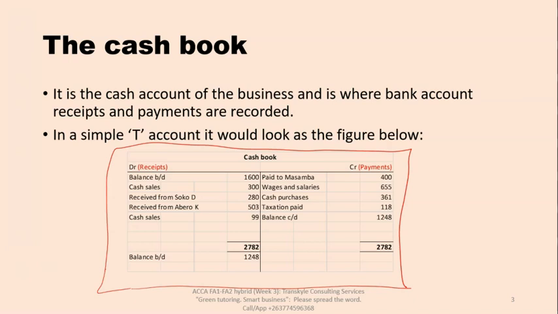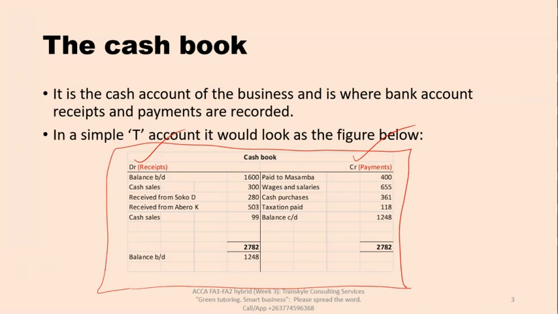Like any other T account, we have the debit side and the credit side. The debit is for the receipts and the credit is for the payments. Because cash is an asset, we are going to have a balance brought down of any amount on the debit side.